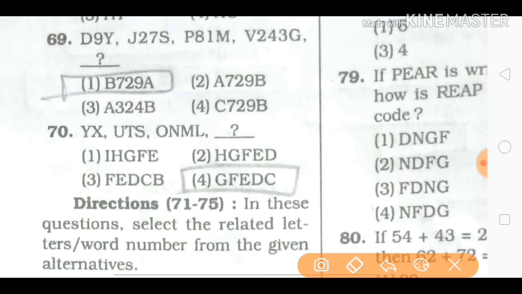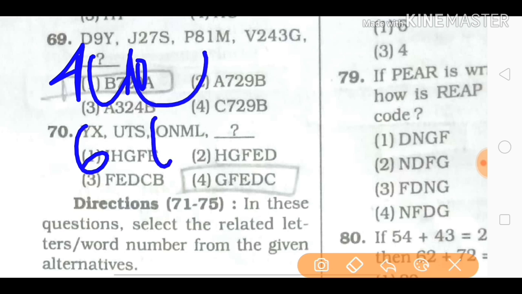D9. What is happening in this? D6. Here D is 4, right? And J is 10. Difference is 6.